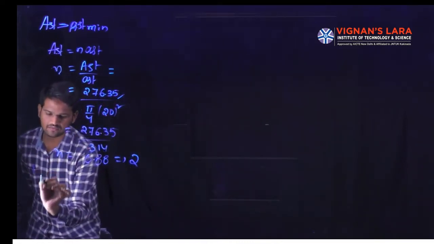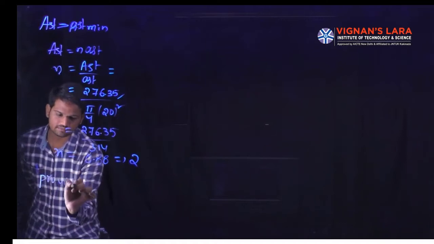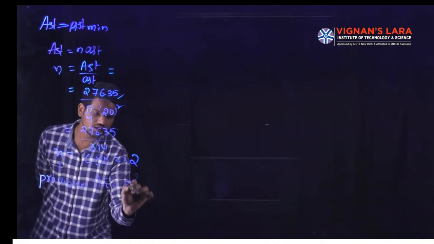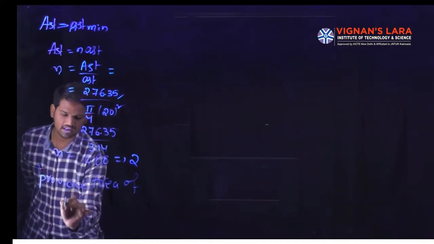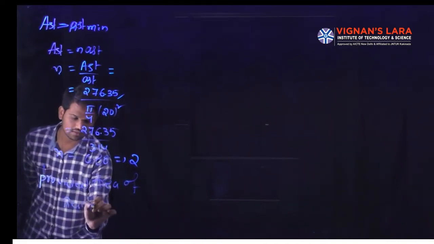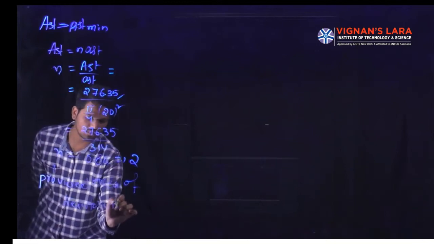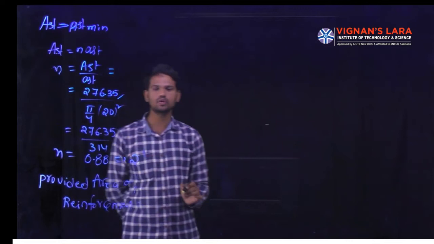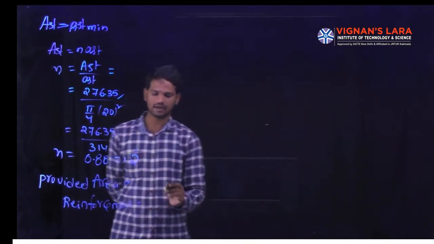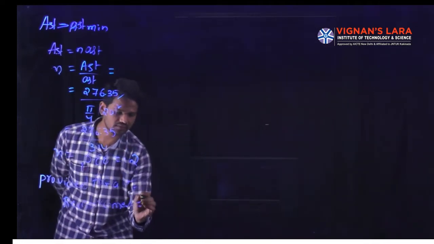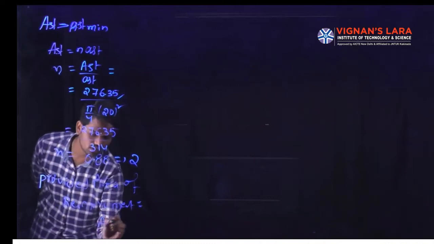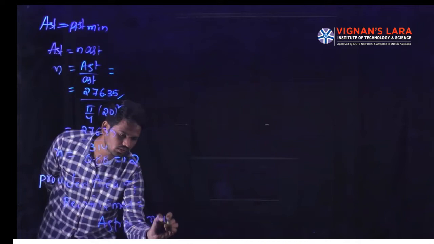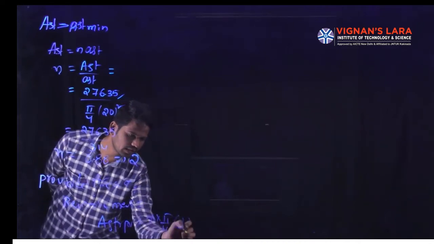Provided area of reinforcement. I am taking it as 2 bars of 20 mm diameter. That means the provided area of reinforcement, Ast provided, equals n into pi by 4 into diameter square.